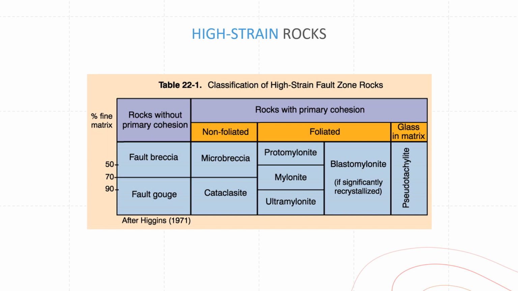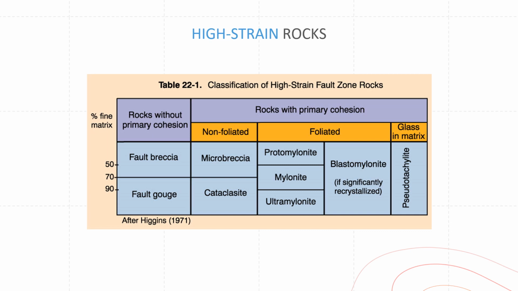So to name a high-strain rock, first of all, one must determine whether the rock is cohesive or whether it falls apart. And then you would estimate the relative proportions of clasts versus the fine matrix.